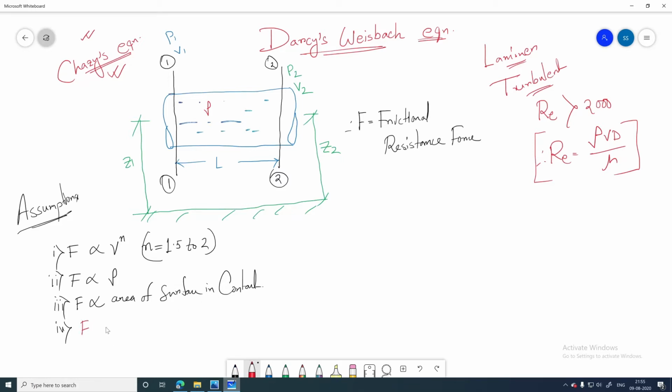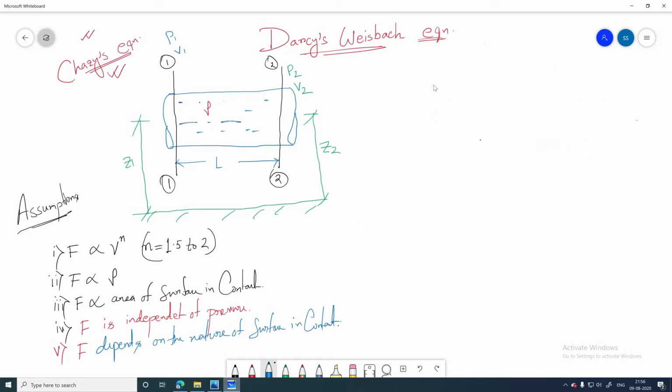And the last assumption here in the Darcy-Weisbach equation is that the F value, the frictional resistance force, depends on the nature of the surface in contact.